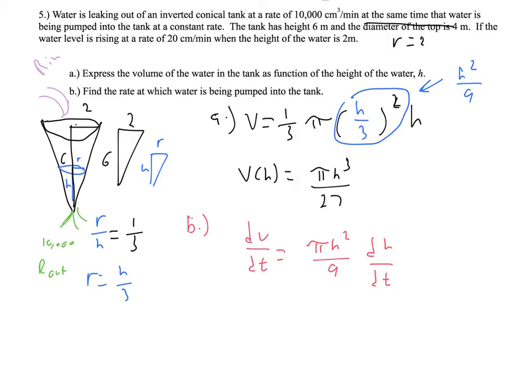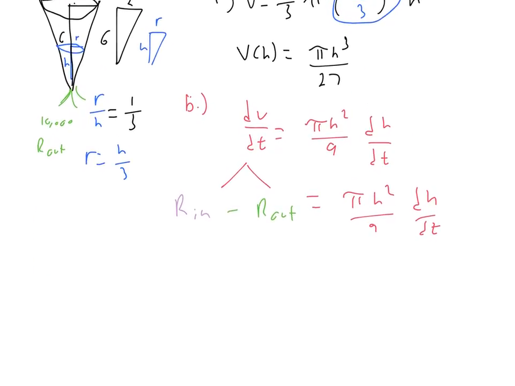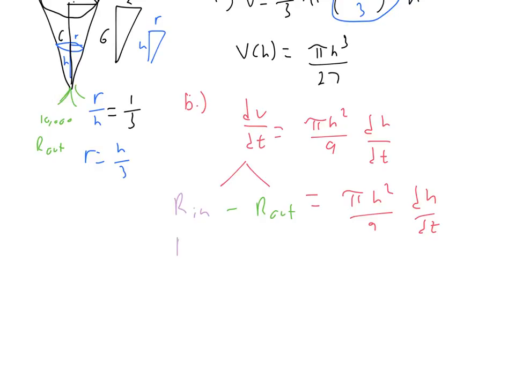So dV/dt is equal to the rate in minus the rate out. And we have pi h squared over 9 dh/dt. We don't know the rate at which it's being pumped in. We know that it's leaking out at a rate of 10,000.